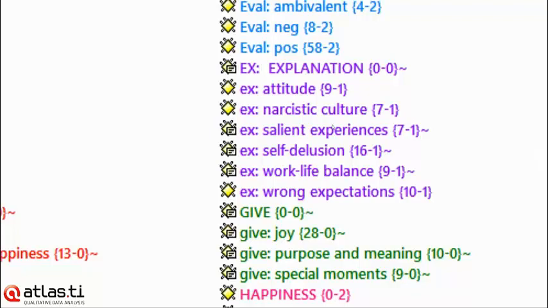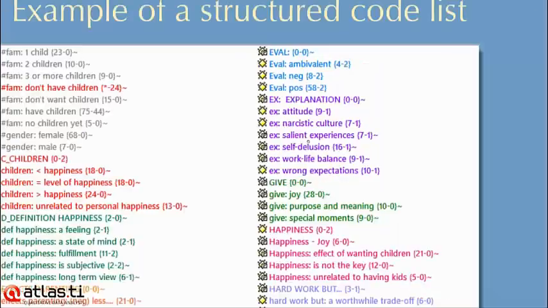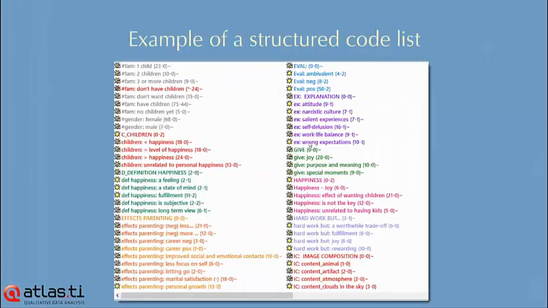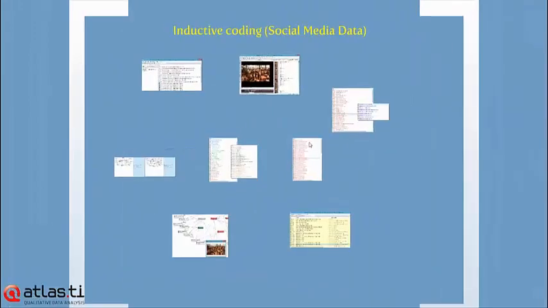New interviews come in, you might already be able to sort some of the data into something existing, but some new ideas are coming, and you continue to develop your code system. So having that as a background, I then move on to my first example here of inductive coding.